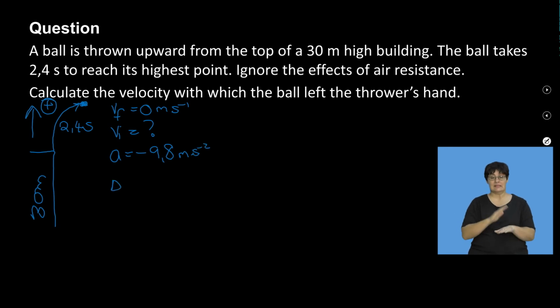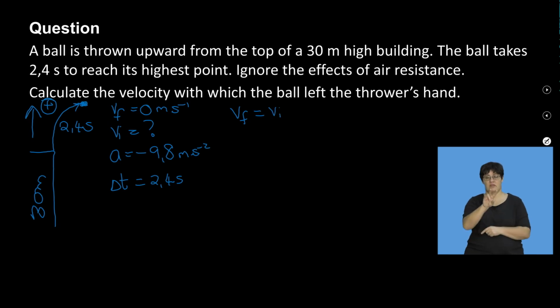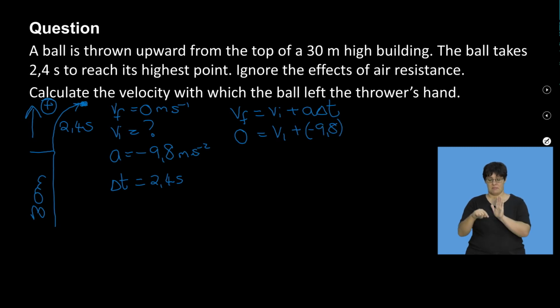And my time, 2,4 seconds. Same equation we just used. So VF equals VI plus A delta T. VF is 0. We want VI. This is minus 9,8 times 2,4.